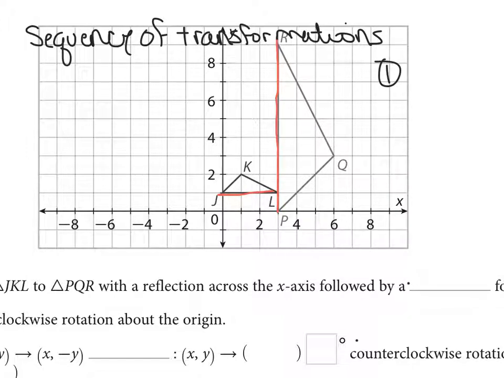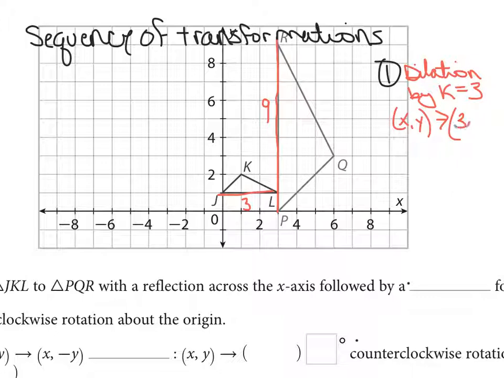So this was 3 and this was 9, and the scale factor is 3. So I have a dilation by a scale factor of 3, and I'm going to say (x, y) goes to (3x, 3y).